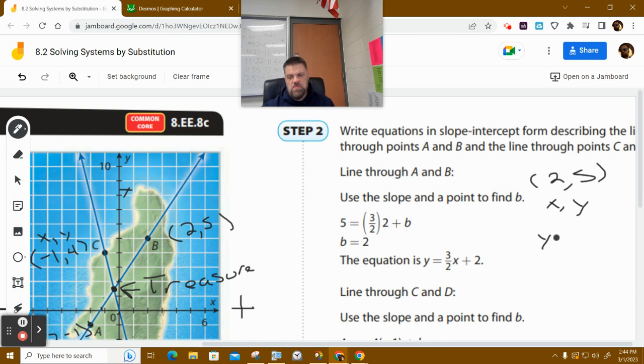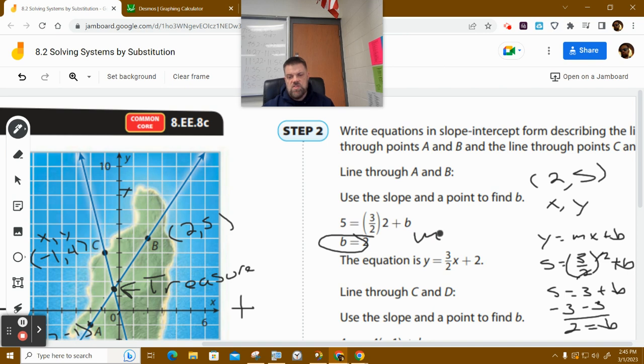So when we think in terms of y equals mx plus b, if you plug in your y value, which is 5, is equal to the slope, which is 3/2, times the x value, which is 2, plus b, the 2's cancel, and you get 5 equals 3 plus b. Subtract 3 from both sides, and you get 2 is equal to b. So that's all the math they did to get this.